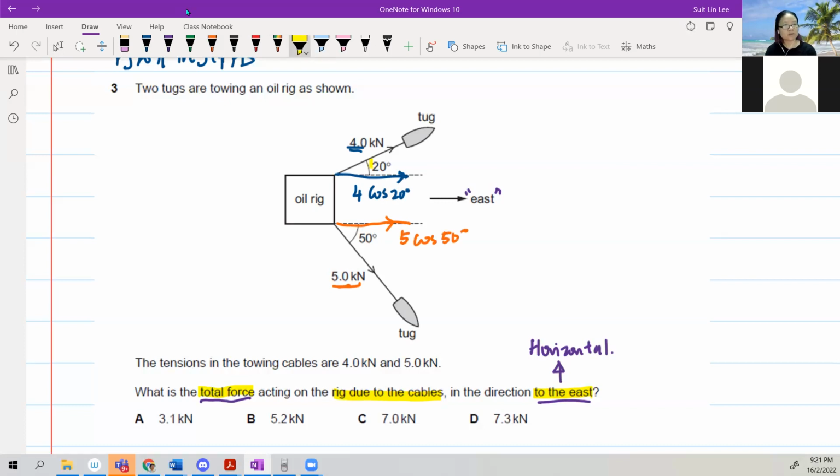This 20 is for the angle here, this 50 is for this angle here, and the magnitude of the vector will be in front. So when we want to find the total force in the east direction, or towards the horizontal, we will take 4 cos 20 plus 5 cos 50.